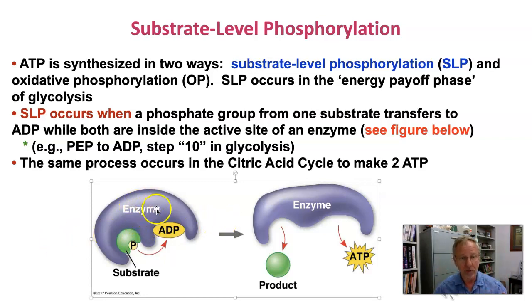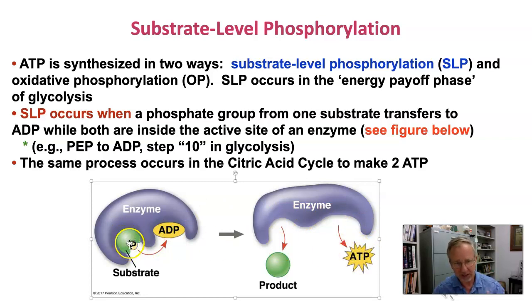So we have an enzyme, and we have a substrate that has a phosphate attached to it. That substrate with a phosphate attached fits into the active site of an enzyme. But something else fits into that active site as well, a molecule of ADP, adenosine diphosphate. The phosphate group transfers from the substrate to the ADP, and out pops ATP.